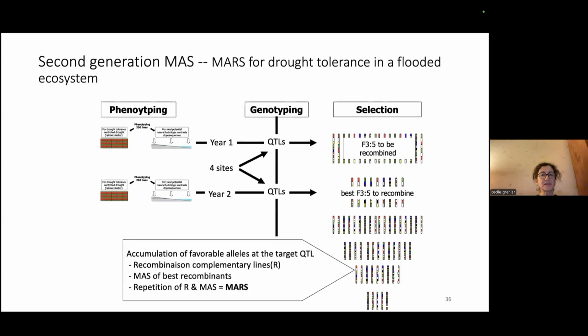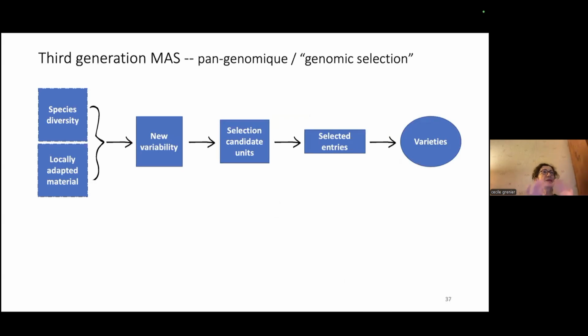And so the phenotyping and the genotyping of these different lines developed from these crosses allow to do QTL mapping, and thus the distinction of the favorable alleles that have to be combined to develop the optimal cultivars. And basically, selection of cultivars and recombination of the best ones allow to develop new elite lines combining the key alleles at the key traits of interest. So that was the marker-assisted recurrent selection.